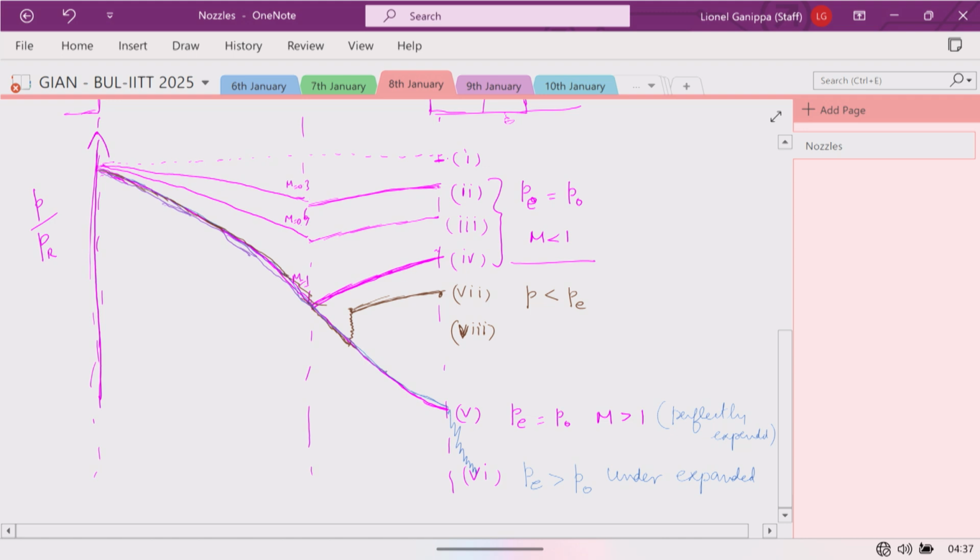So now you can see the situation where from here to here the flow has overexpanded. It realizes that it has to go up. So the only way is to encounter a normal shock. The flow jumps.